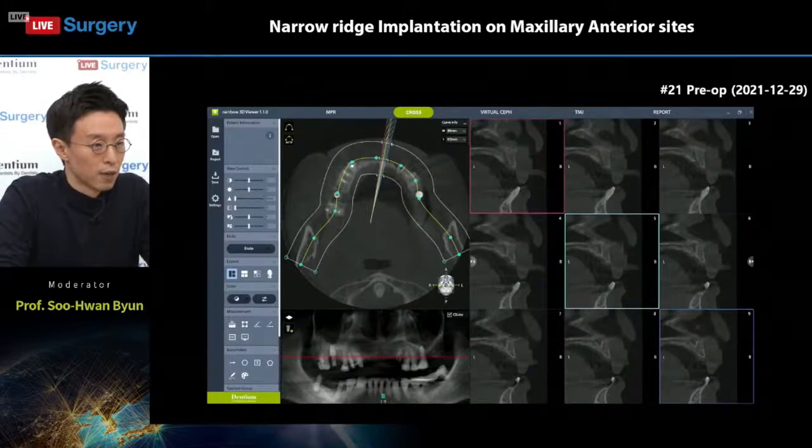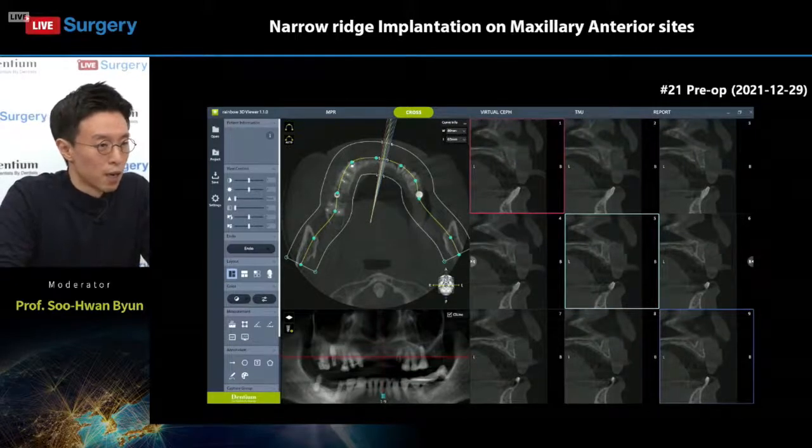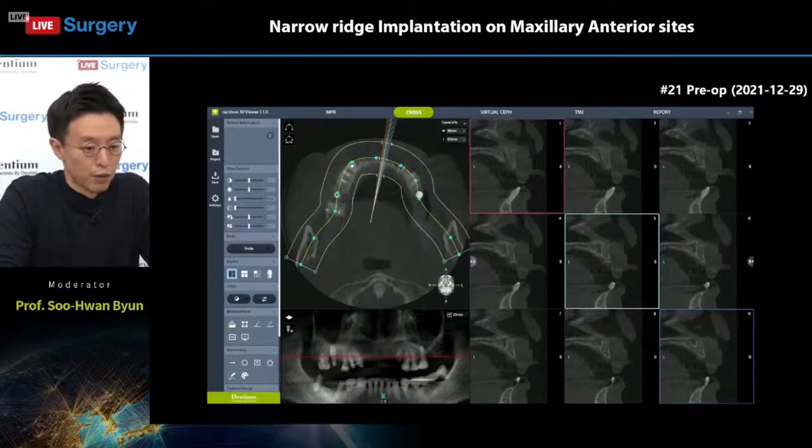There is a concave and narrow ridge at the left upper incisor area. Thus, we are planning minimally invasive implant surgery by using a bright tissue level implant.